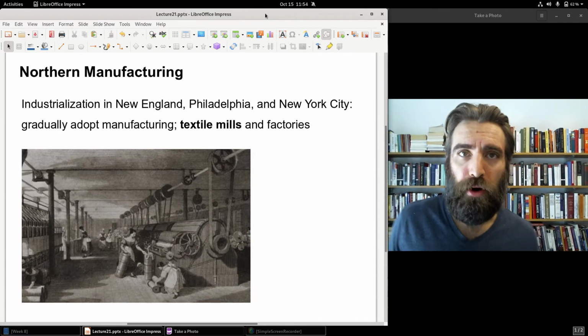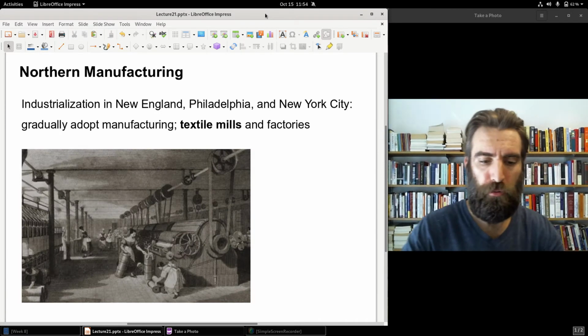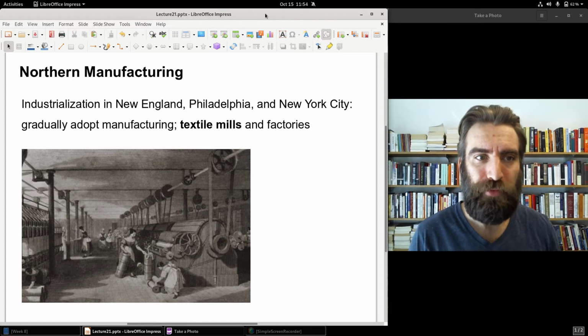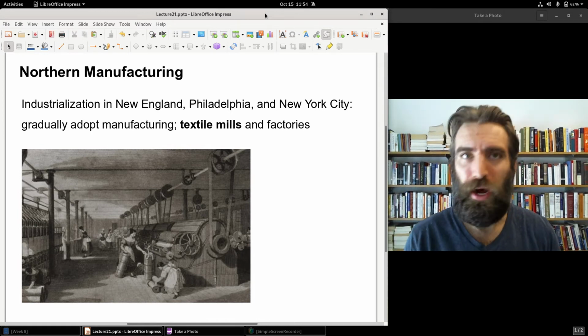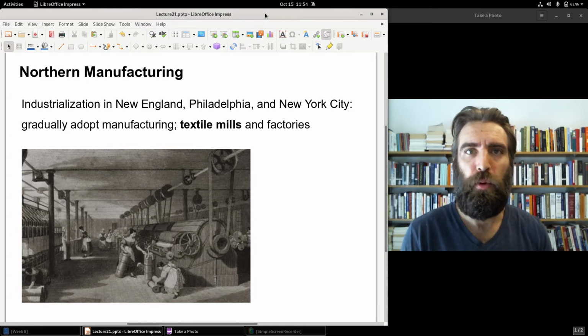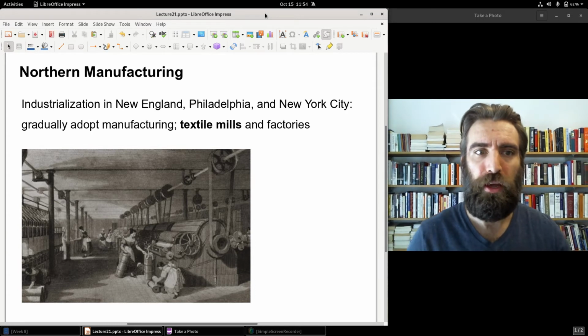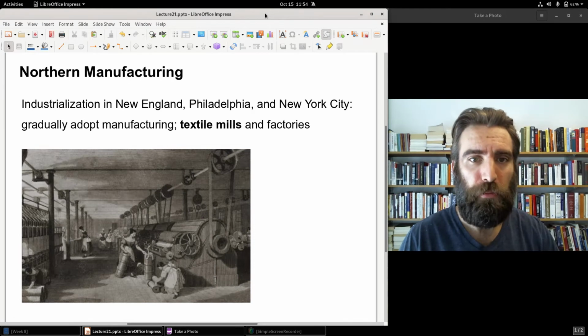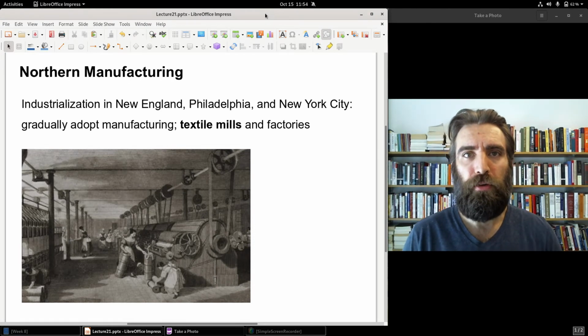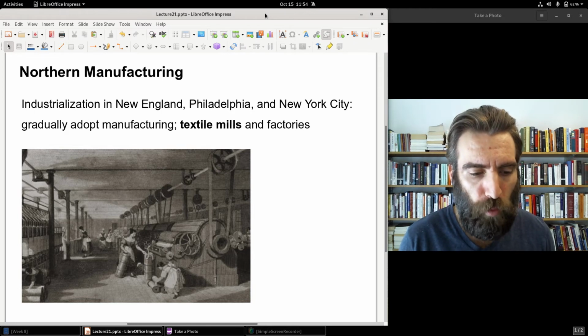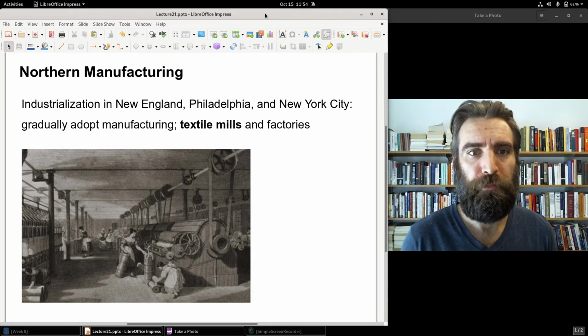And then in the North, more and more adopts manufacturing. This is a very gradual process. It takes a while to get there. But in New England, places like Philadelphia, New York City, textile mills begin to arise. And of course, at these mills and factories, they rely upon a wage labor system.